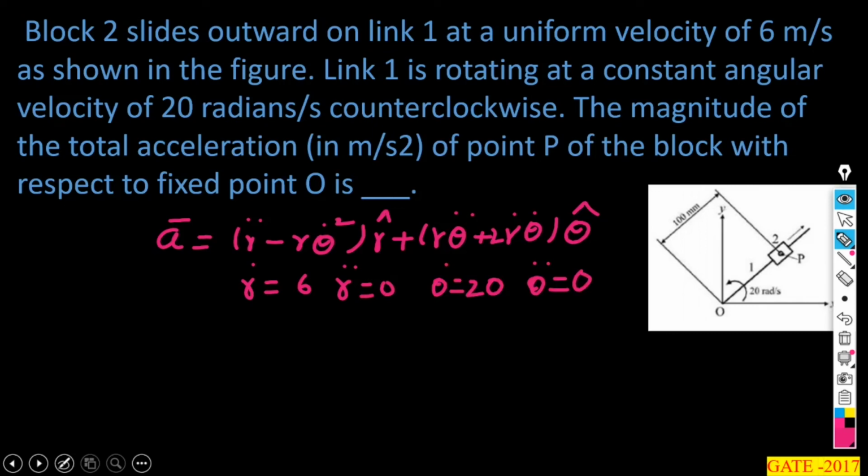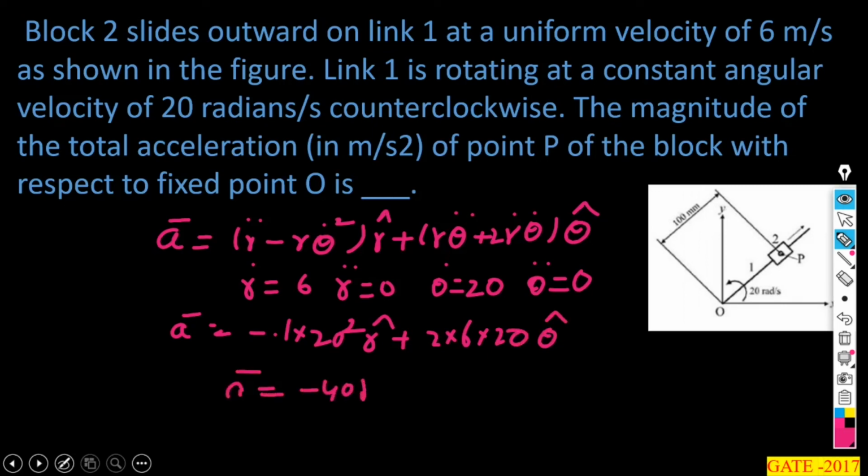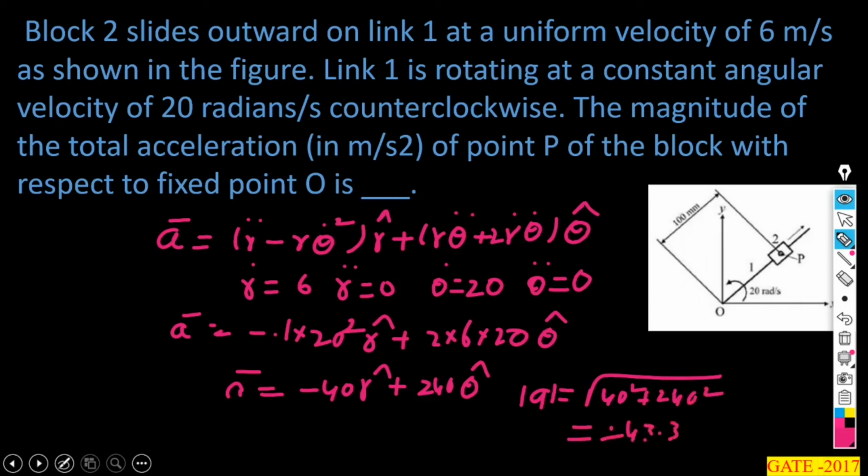Then a is equal to minus, given r is equal to 100 mm, a is equal to minus 0.1 into 20 square r cap plus 2 into 6 into 20 into theta cap, which is equal to minus 40 r cap plus 240 theta cap. Then the magnitude of acceleration is equal to square root of 40 square plus 240 square, which is equal to 243.3 meter per second square.